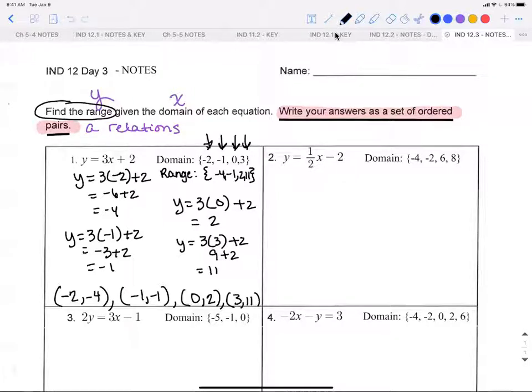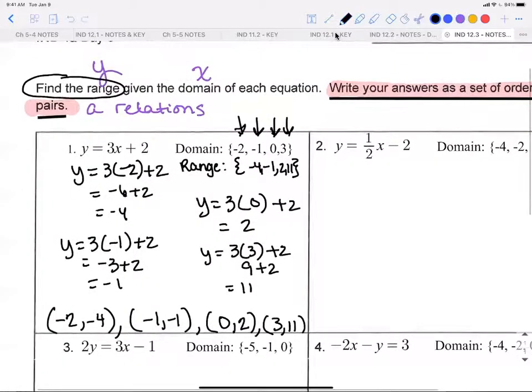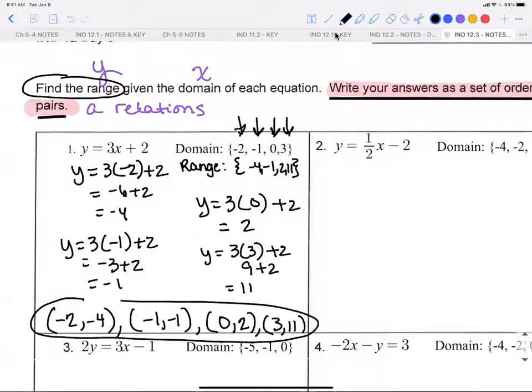That's my range. So there are a lot of little working parts to this. You have to work it all out however many times. Then you have to state your range and you have to write your answer in a set of ordered pairs as well, or write the relation.